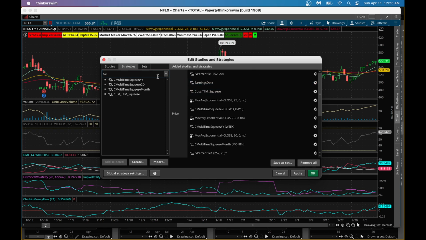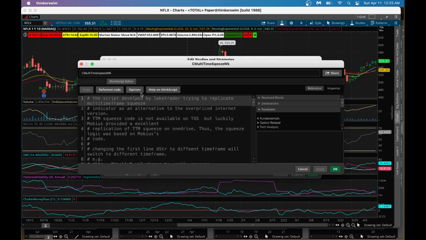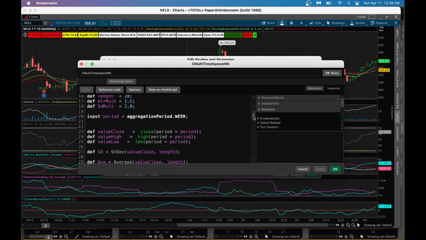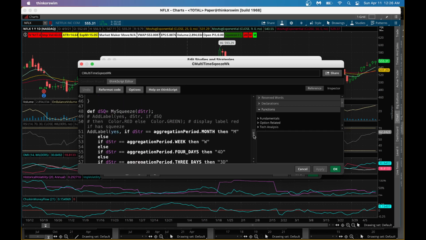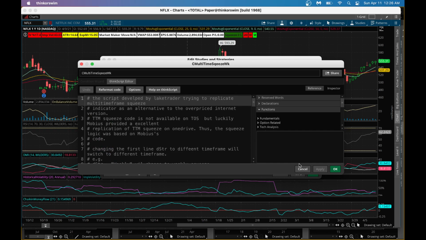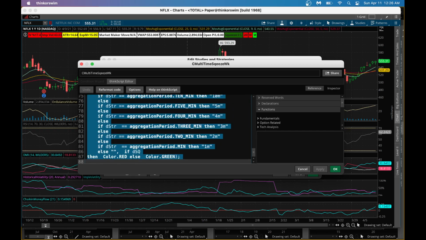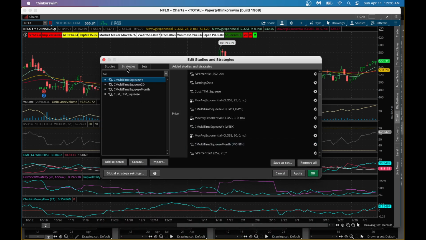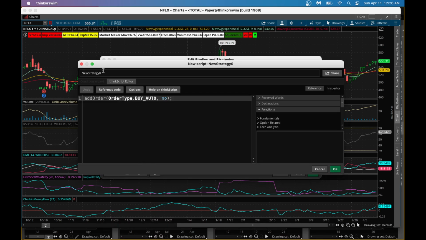So, code for this is also something very simple. If you go here, you have the code here. I will add it to the YouTube video comment section. You can copy it. And to create this, you copy the code something like this, and go here under strategies, click on create, and give the strategy name.